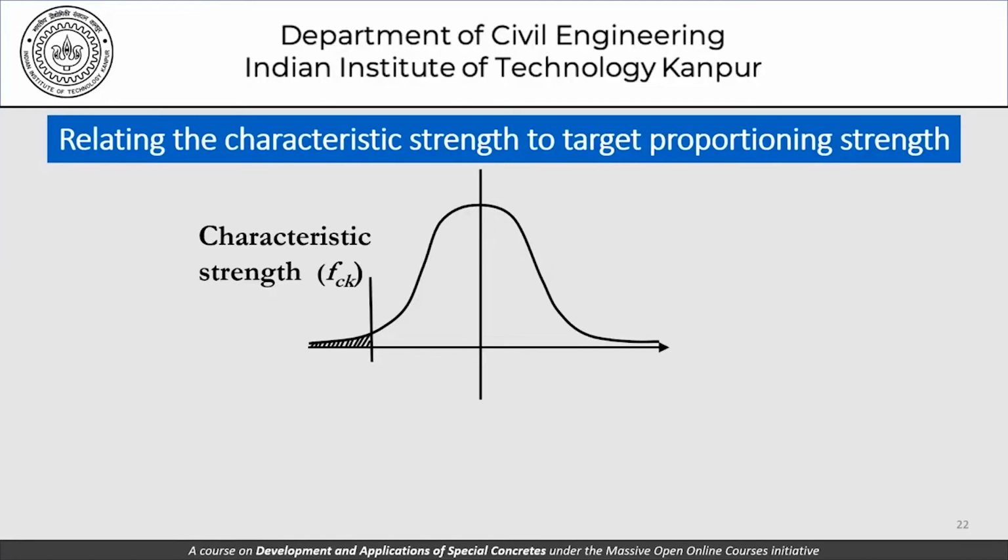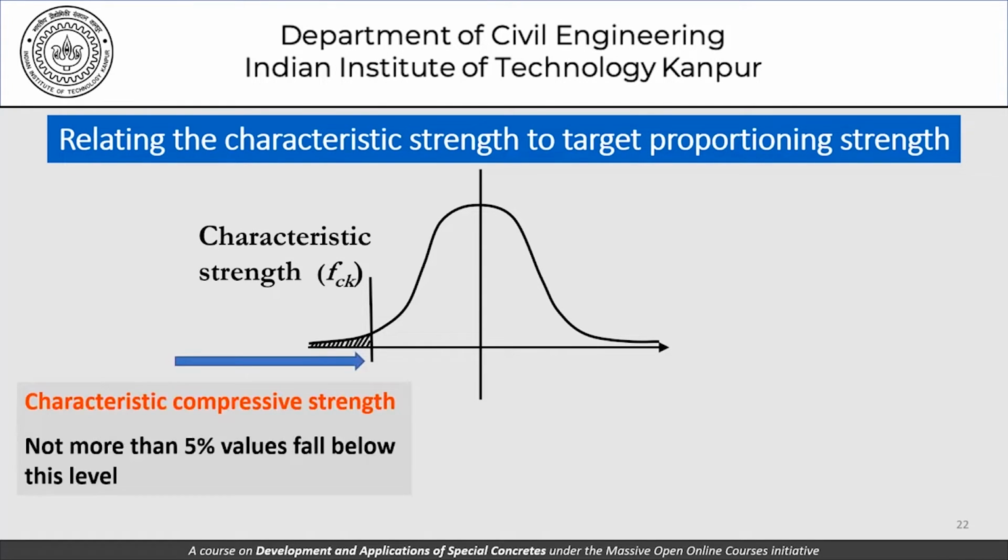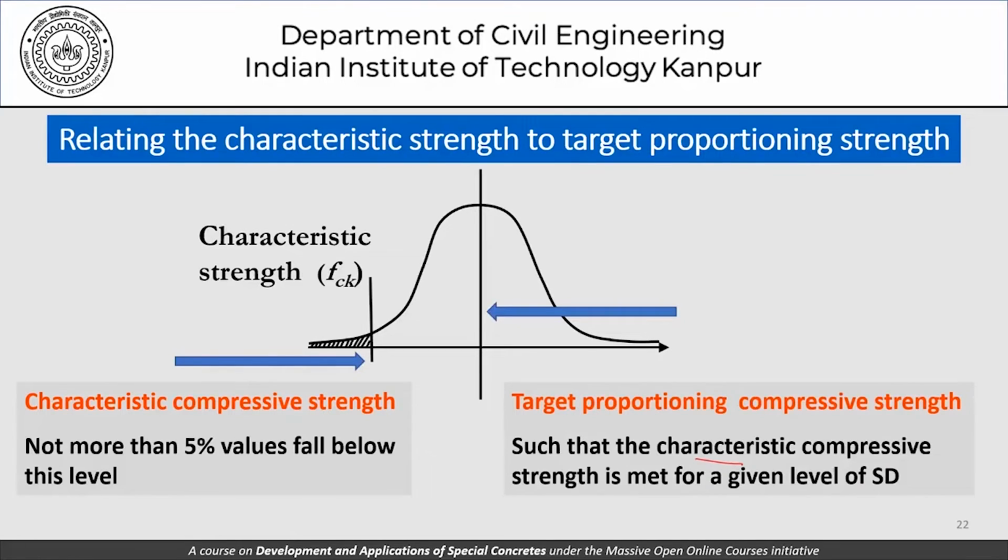Now, relating the characteristic strength to the target proportioning strength, let's try to examine this concept. If this is my characteristic strength FCK, which is the value such that not more than 5% of values fall below this level, we need to target our concrete to have this strength here, which is the mean value.